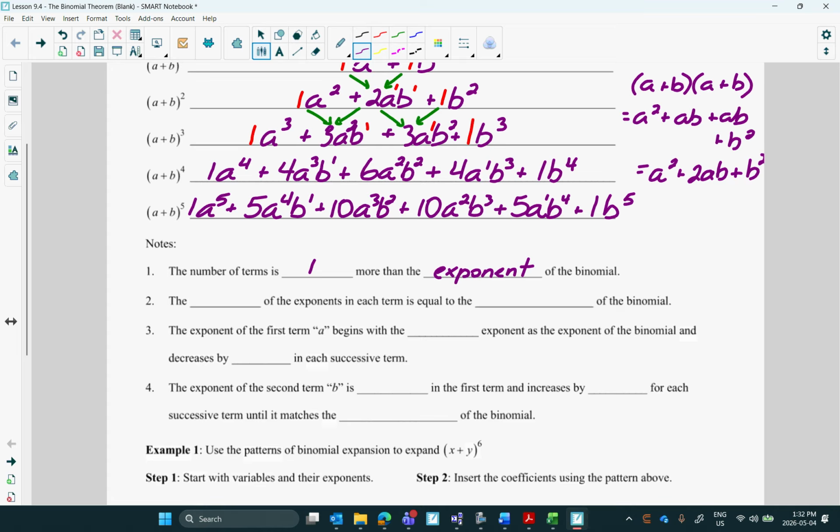The sum of the exponents in each term is also equal to the exponent of the binomial. So notice, when I raise a binomial to the third, the sum of all the exponents in each term was 3. When I raise it to the fifth, the sum of all the exponents in each term is 5.